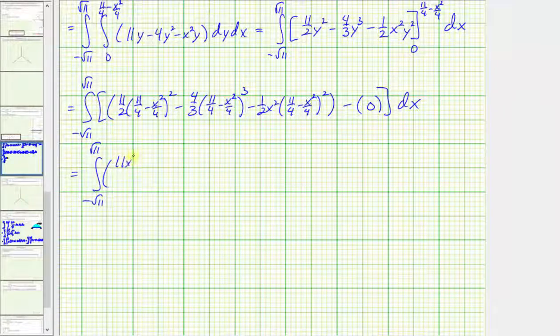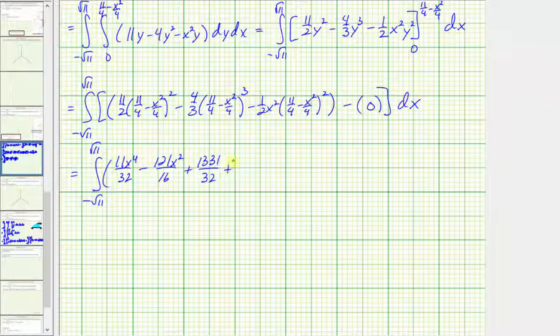11 x to the fourth divided by 32 minus 121 x to the second divided by 16 plus 1,331 divided by 32. So these three terms are from squaring this binomial, then distributing 11 halves.